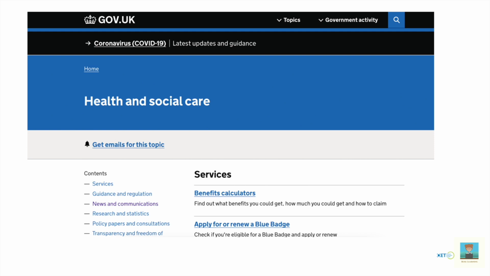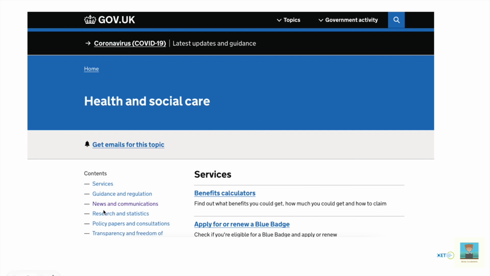So one of the great places that you can look at to help build your skills is the government website from the UK government, and that's just gov.uk. If you navigate to the health and social care section, you'll see on the side here we've got guidance and regulation. So there's a lot of really kind of, for me, quite boring things on there, but you know, it's a good idea to have a look through that.